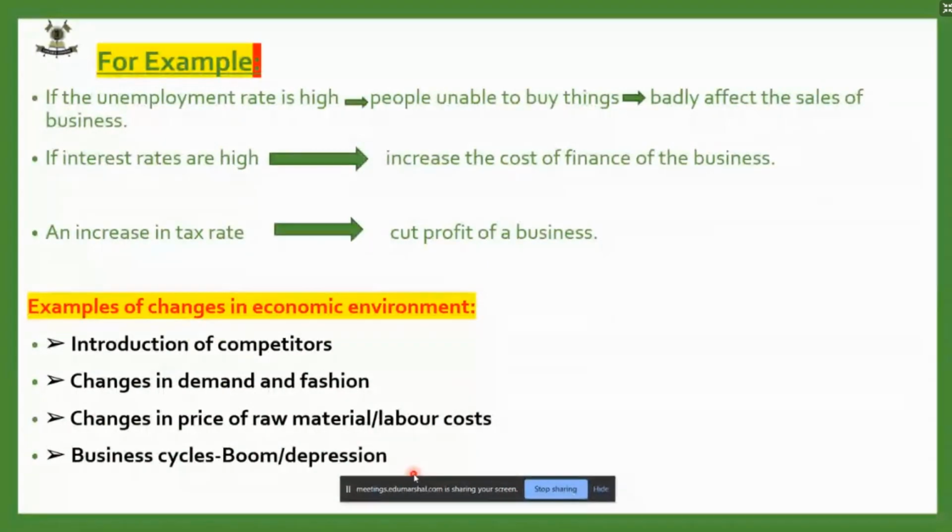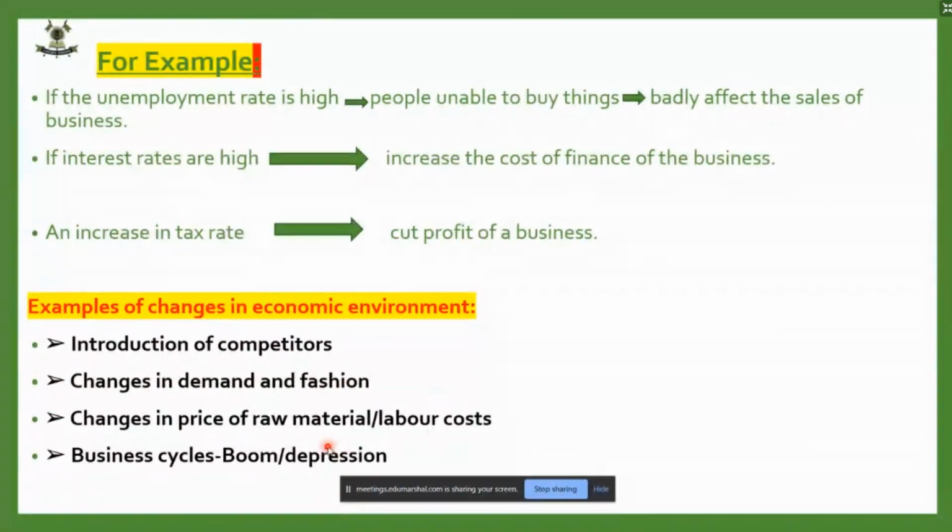The rupee rate is going down, and the stock market indices are into depression. Stock market means the shares and debentures, their value is going down. So that's a depression period.